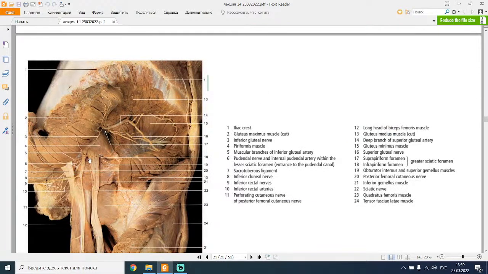You see arteria glutealis inferior branches to muscles, and you see arteria rectalis inferior, branches of the pudendal. What you see are the inferior rectal arteries.